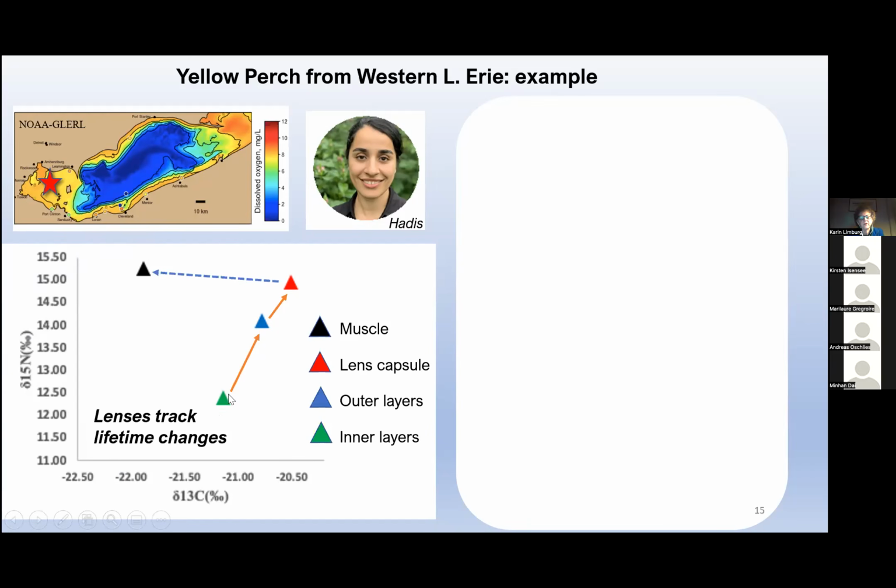You can see that this is increasing with time in nitrogen, which probably indicates this is a yellow perch, middle of the food web, probably switching from benthic invertebrates to fish or a mix with fish. But also comparing this outer layer of the lens to the corresponding muscle tissue, we see a real deviation in carbon isotope, which probably means that we can use eye lenses to help us remove some of the interferences from, for example, lipids.